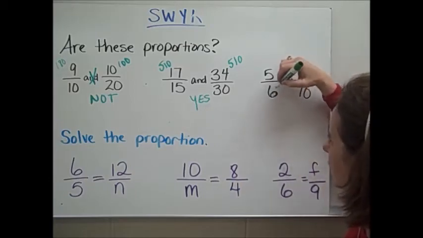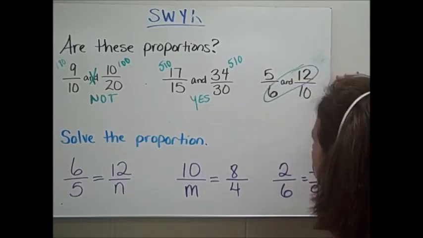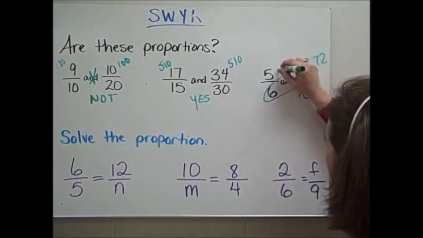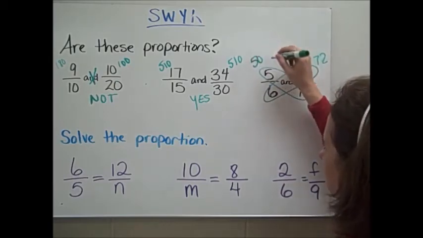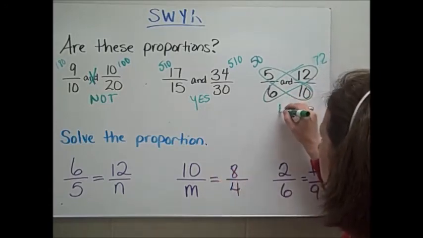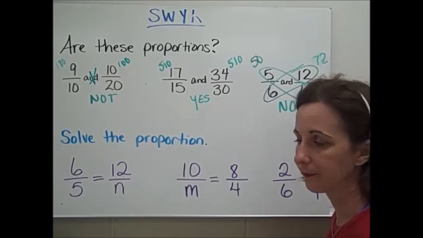Remember that if I were going to use a form of 1, they would have to go straight across the top and straight across the bottom. If I use the cross product, 6 and 12 is 72, and 5 and 10 is 50. And because 50 does not equal 72, we are going to say they are not a proportion.